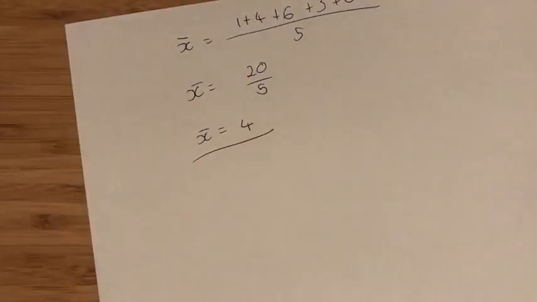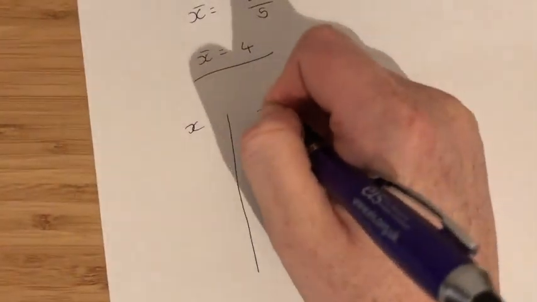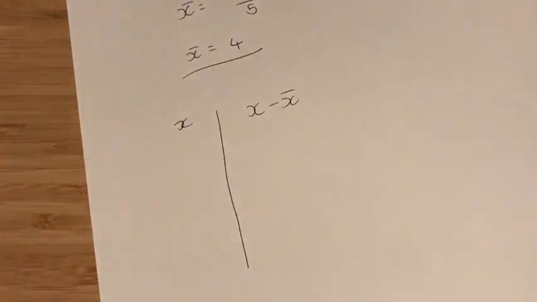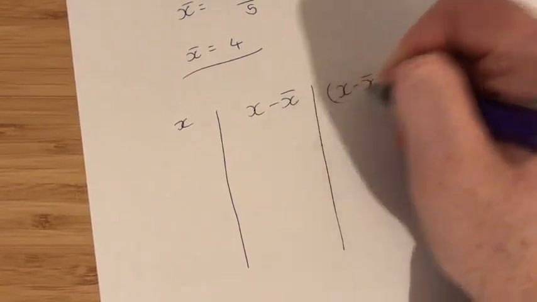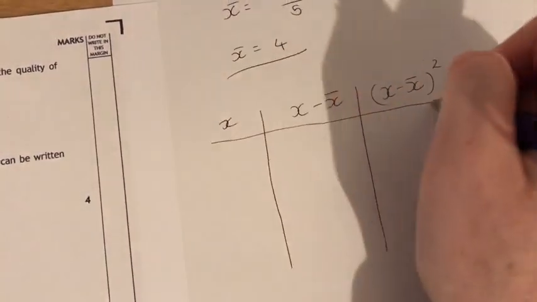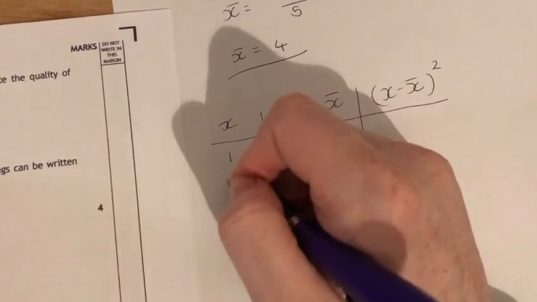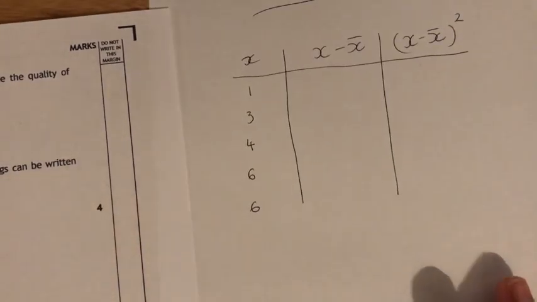We then build that table up before and use your formula sheet if you need some support building that up. X minus the mean all squared. And as I said before, I like to write the data values in order, so I'm going to write down 1, 3, 4, 6, and 6.